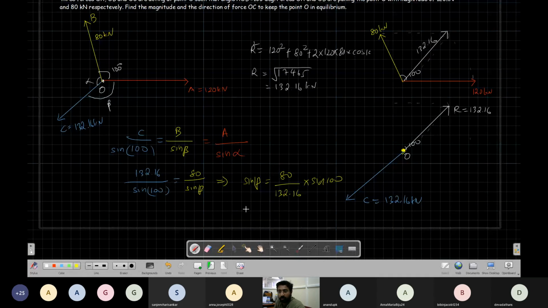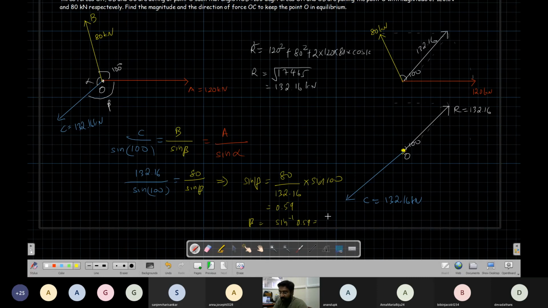So I'll just solve this: 80 upon 132.16 times sin 100 is 0.59. So that means beta is equal to sin inverse of 0.59.